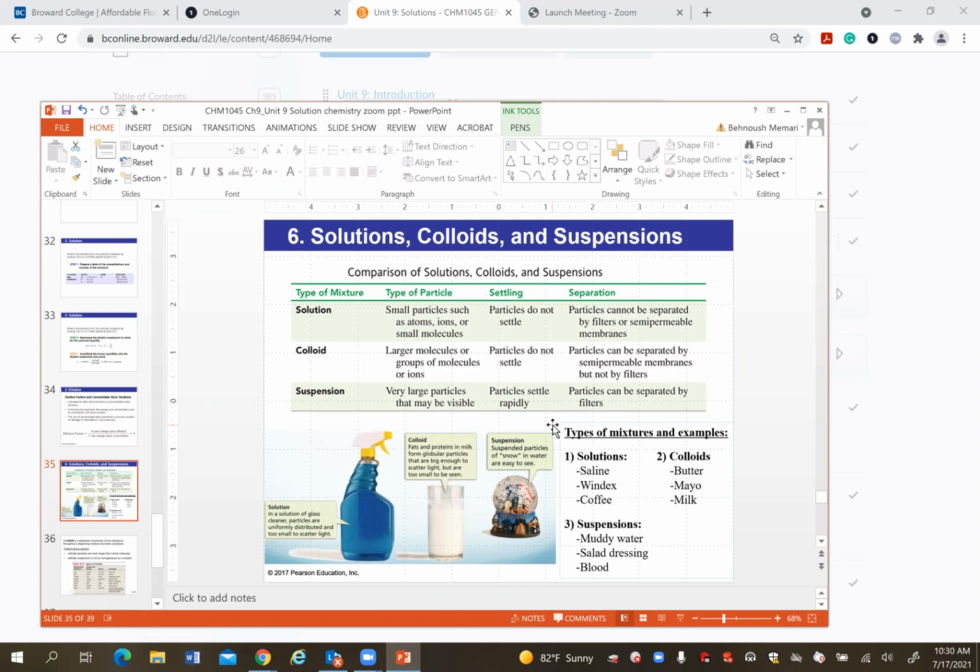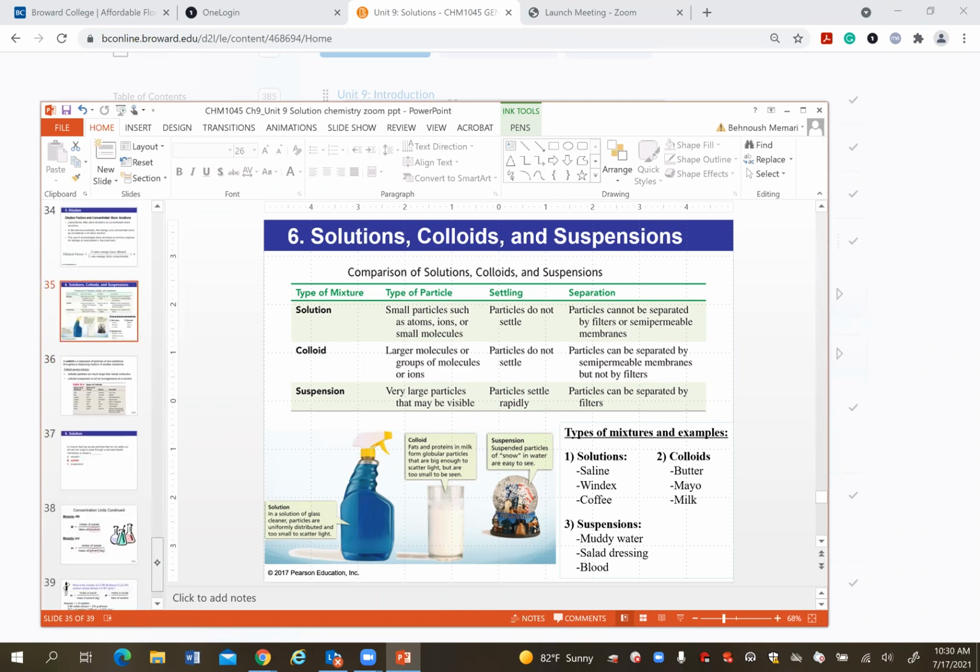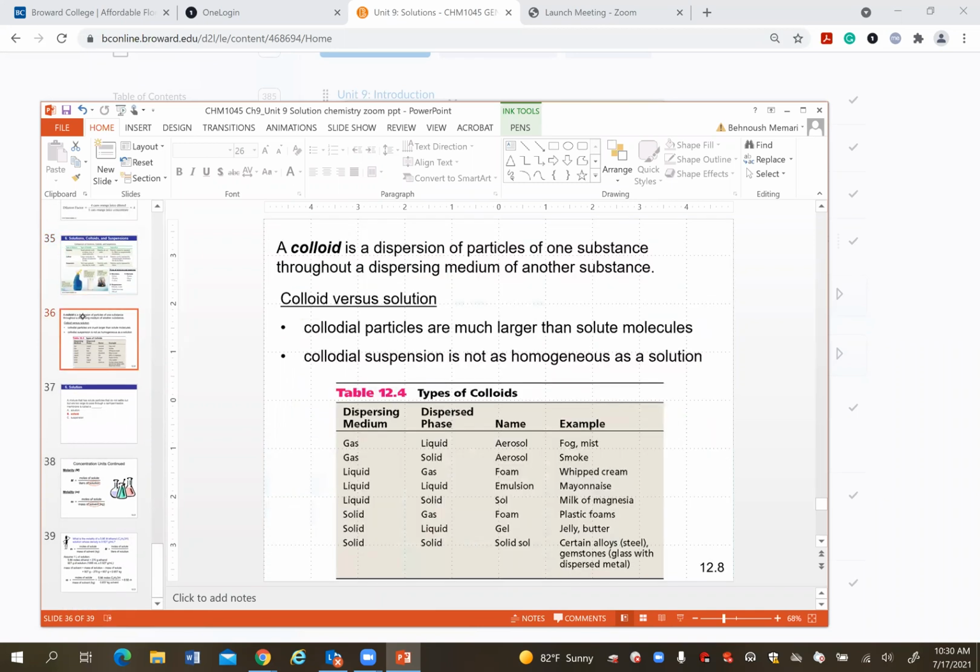You do have some examples also. It's just more of examples.